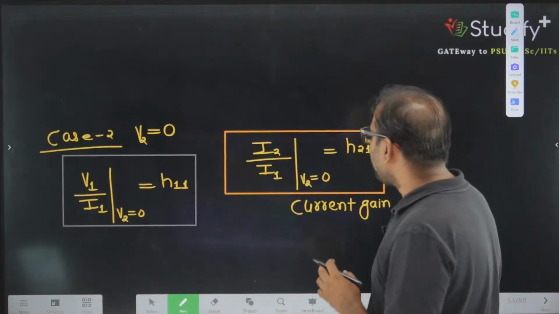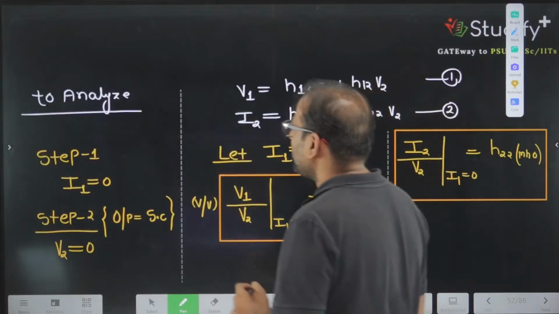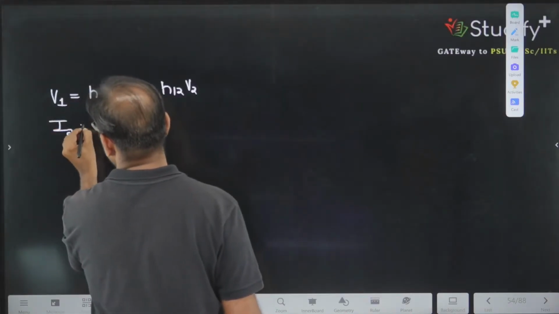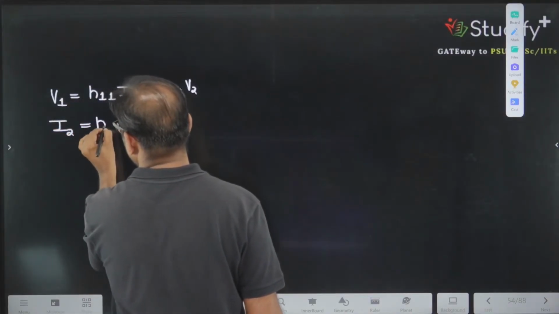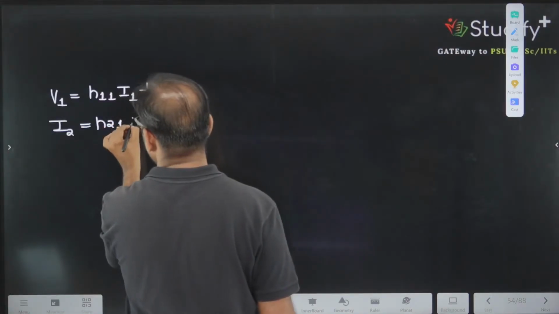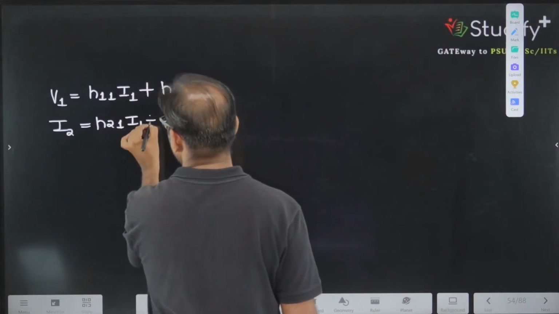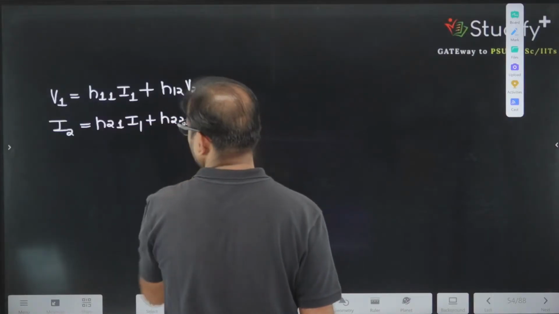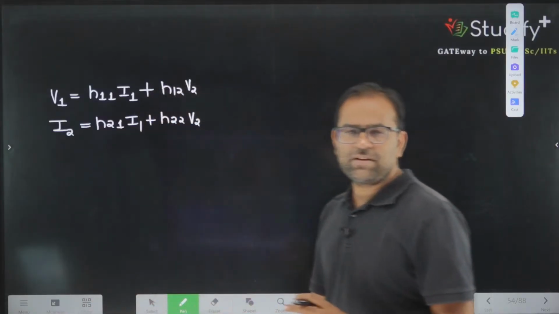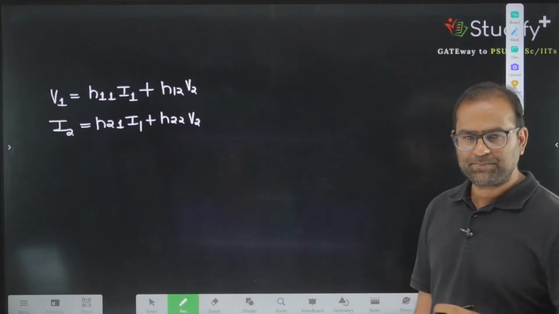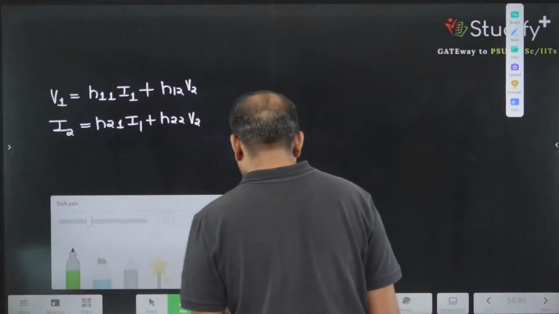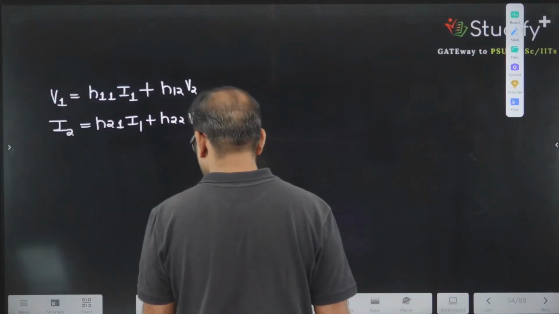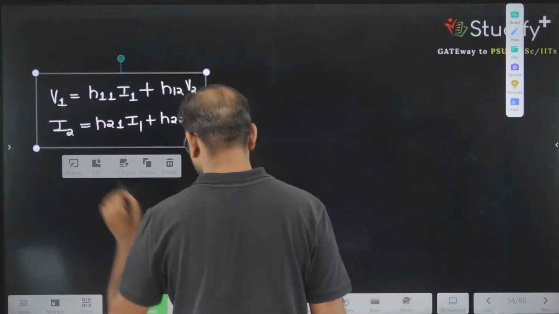And the second equation we have is I2 is equivalent to H21 I1 plus H22 V2. These are the equations we have from the H parameter. This is which model? H parameter model.